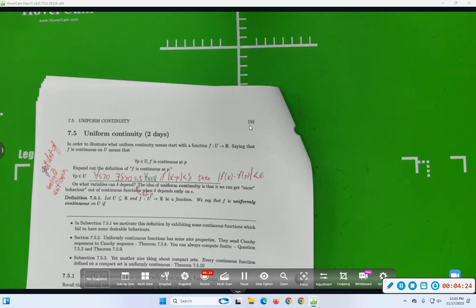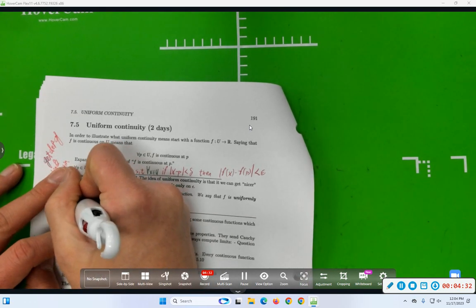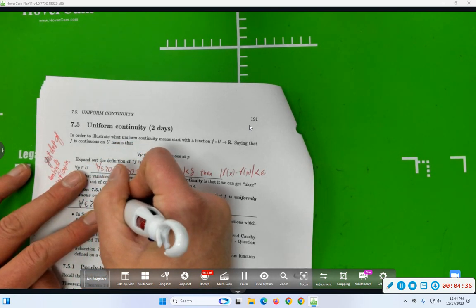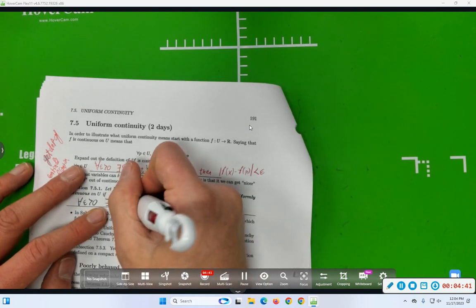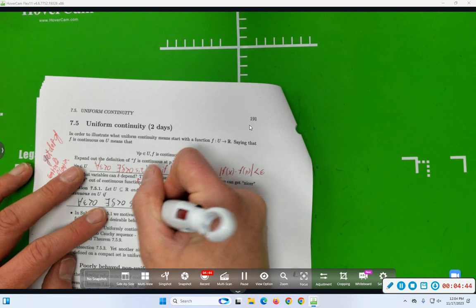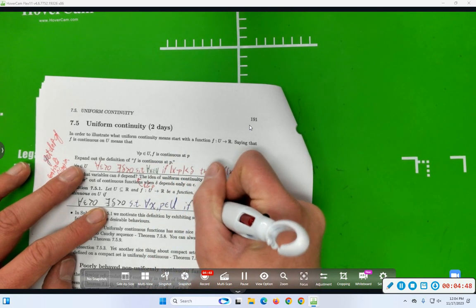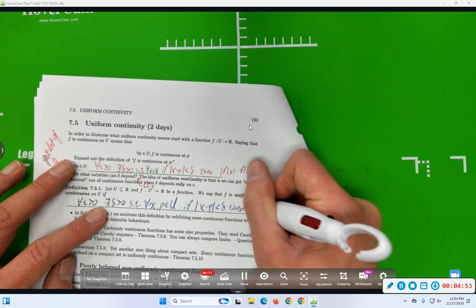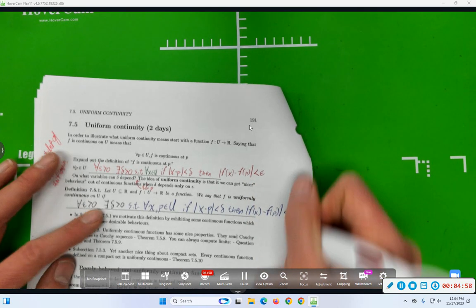A function is uniformly continuous if for all epsilon bigger than 0, there exists a value for delta bigger than 0, which is independent of the value for p, such that for all x and p in the domain U, if the absolute value of x minus p is less than delta, then the absolute value of f of x minus f of p is less than epsilon.